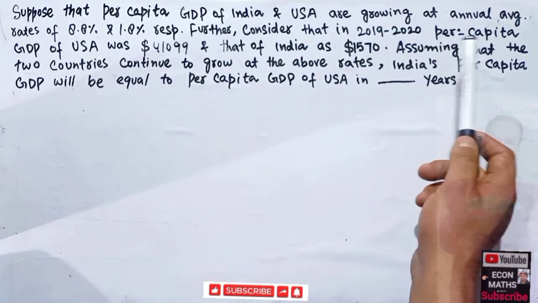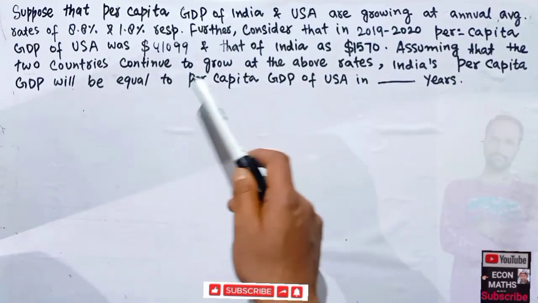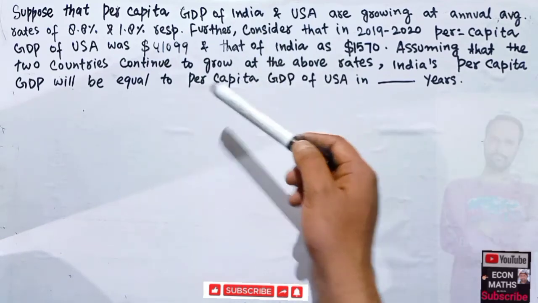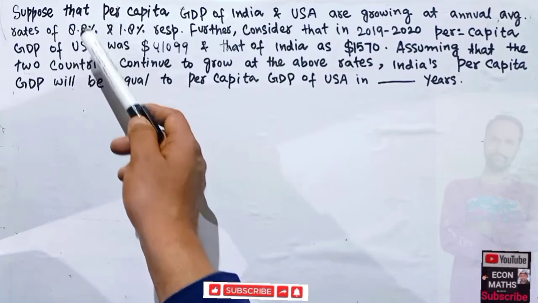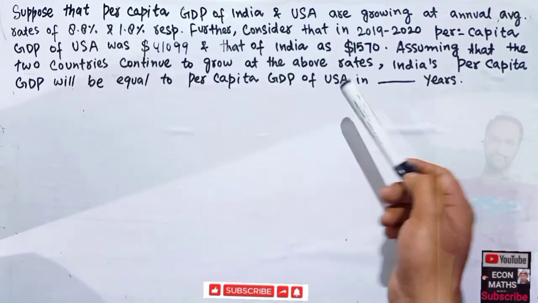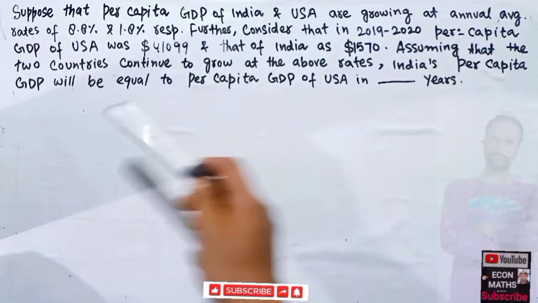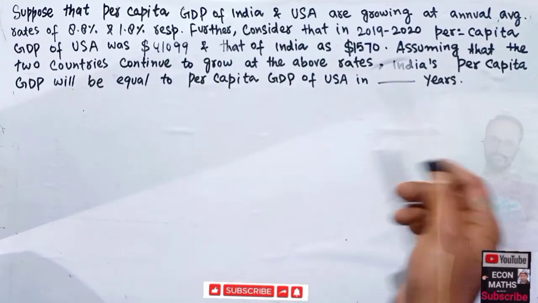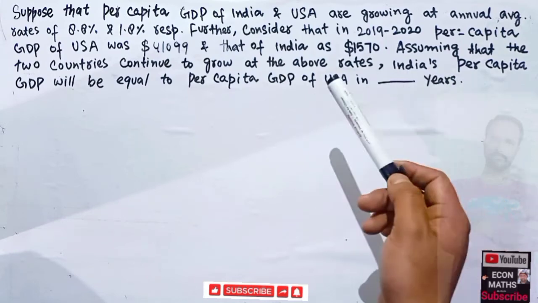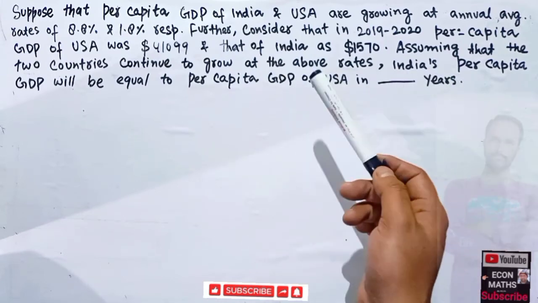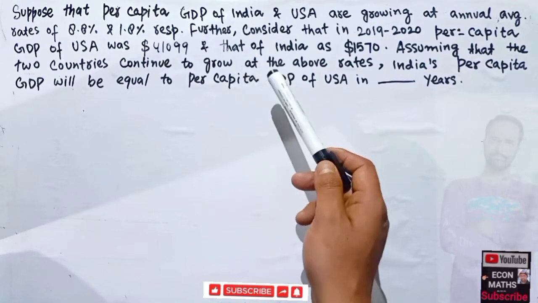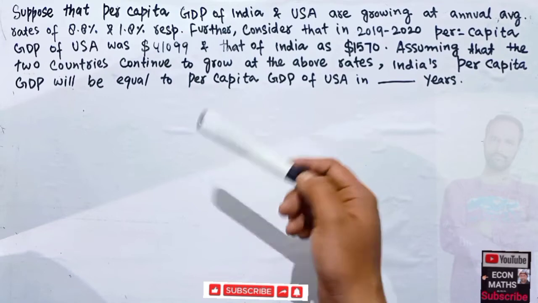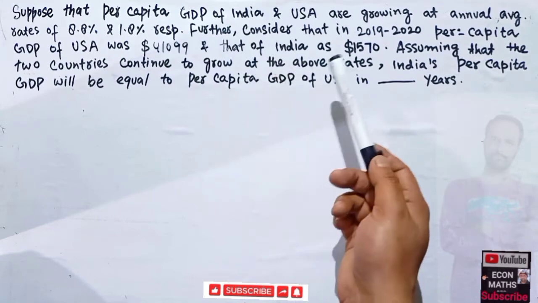Assuming that the two countries continue to grow with the given rates, that is 8.8% and 1.8%, then India's per capita GDP will be equal to per capita GDP of USA in how many years? That means in how many years will the per capita GDP of India equal the per capita GDP of America.